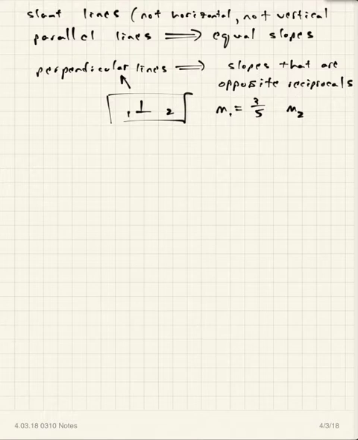So let's say line 1, so L1 and L2 are perpendicular. Then the slopes, which would be M1 and M2, are opposite reciprocals. What that means is you take the slope of the first line and you flip it and change its sign. So when you're talking about opposite reciprocal for 3/5, it would be negative 5/3.